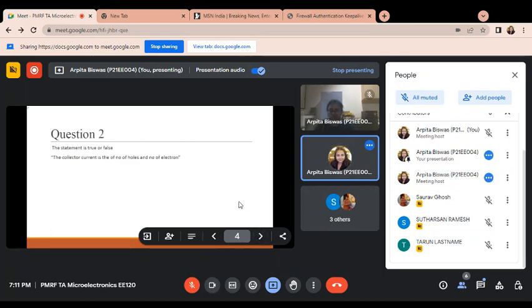The next question: you have to find whether this statement is true or false. The collector current is the number of holes and the number of electrons. Actually, this question asks whether the collector current depends on both the majority and minority carriers. Is this statement true or false? If it is true, then please explain.